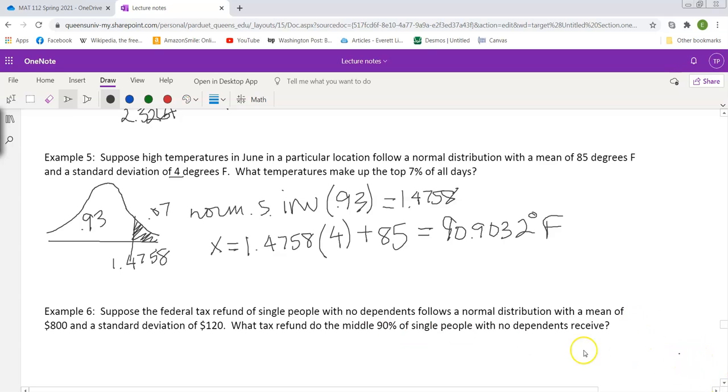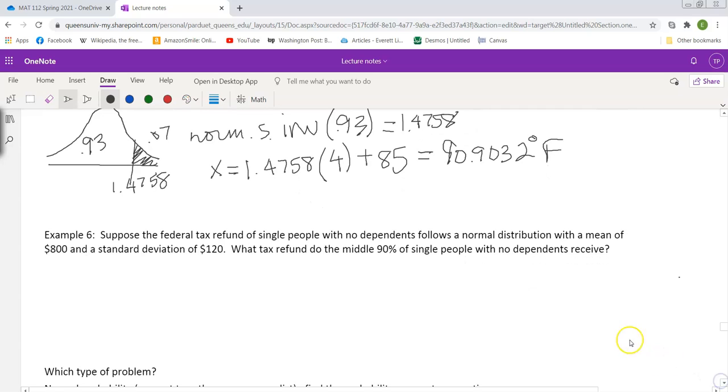One more. This is a between one, where they're asking what tax refund the middle 90% of people get. We first have to find the values of z. If we've got 90% in the middle, it means we've got 0.05 in each tail.